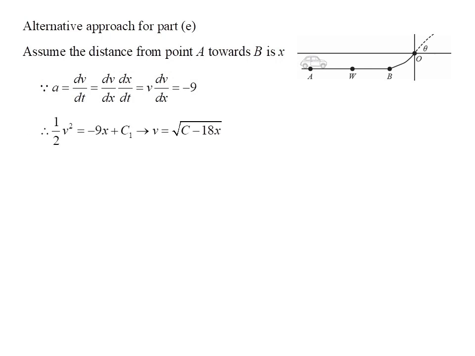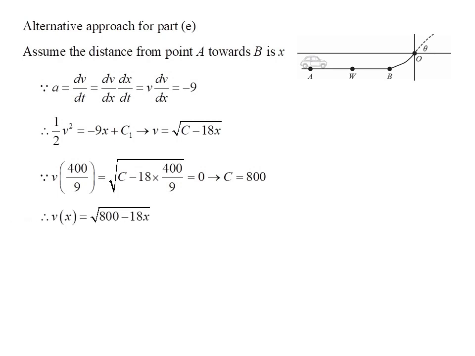Hence, v squared over 2 equals negative 9x plus c1, which gives v equals square root of c minus 18x, where c is a constant. Since v at 400 over 9 equals square root of c minus 18 times 400 over 9 equals 0, this gives c equals 800. So v of x equals square root of 800 minus 18x.